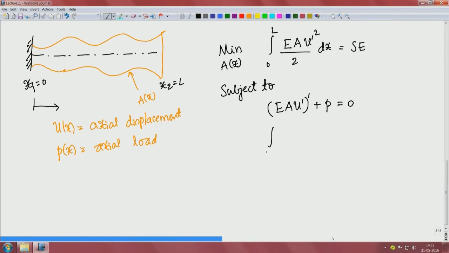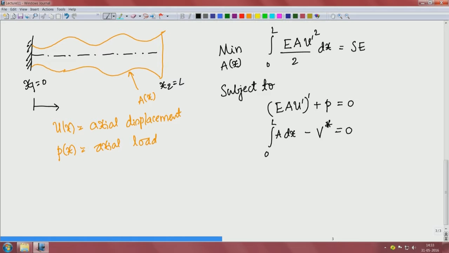So, we had a constraint that the integral from 0 to L of A dx minus V star is equal to 0. We can also write it as less than or equal to, as if there is an upper bound on volume, meaning you cannot use more material than V star.